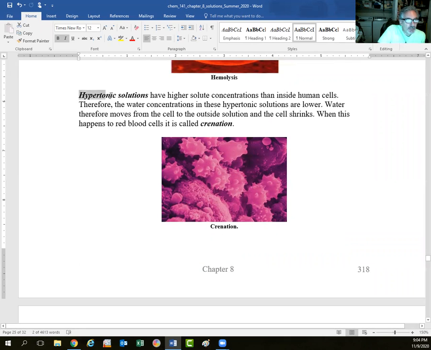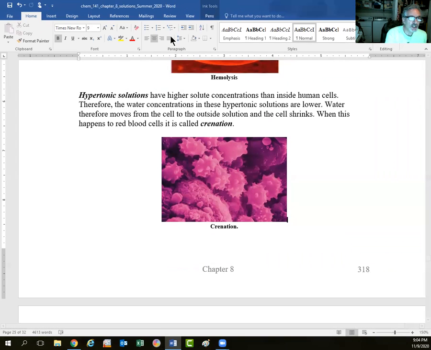Likewise, a hypertonic solution is a solution that has too much sugar or too much solute, whatever that solute is. And so the high concentration of water comparatively is in the red blood cells, and that passes out of the blood cells into the solution, and losing the water, these red blood cells start to shrivel up. It could be permanently damaged. This is what we call crenation, as they shrivel up.